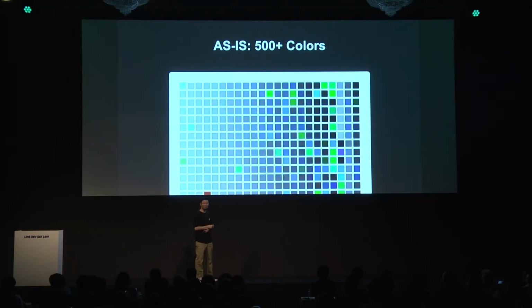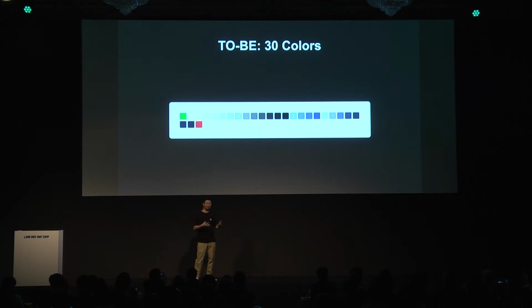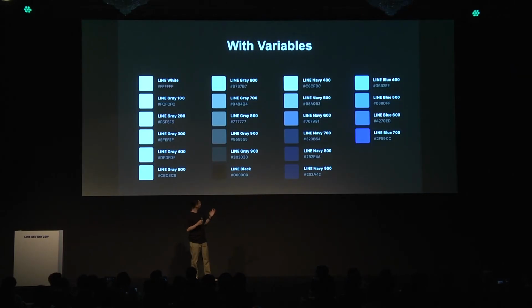So as I said before, we found that 500 and more distinct color values are in Line Messenger. And after our hard work and the effort from the team, we can summarize it into 30 colors. And we didn't stop there. We gave a name to each color.